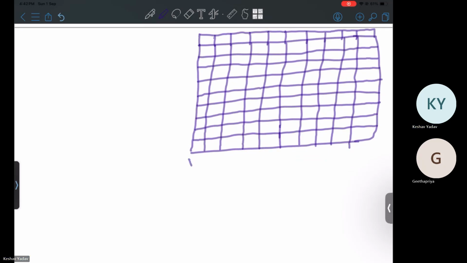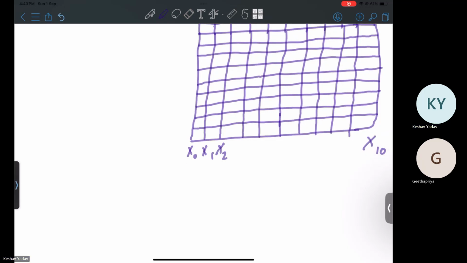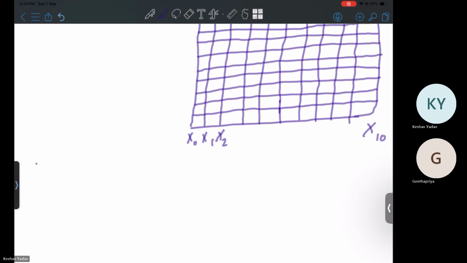Suppose here along this vertical line, it gives me x0, x1, capital X2 like that. This is capital X10. Okay, this is what we have. So if I want to write the formula here, this average will be the sum divided by the total weight, multiplied by whatever will be the area.